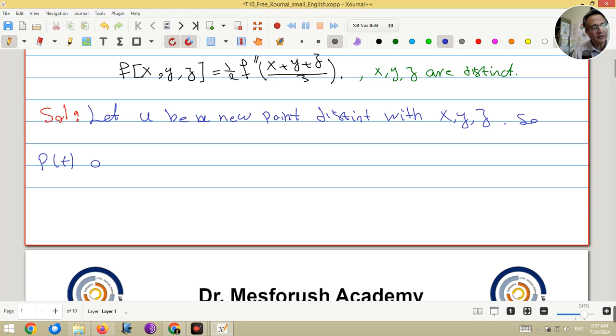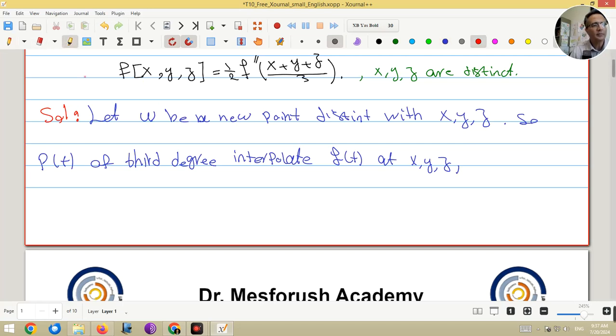Okay, so if we consider p of t, of third degree, interpolating f of t at x, y, z, and let me consider w, a new point.